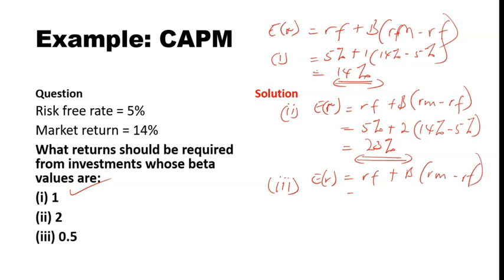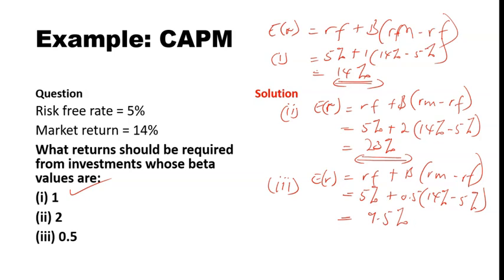Don't worry, this formula is given in the exam. So RF is 5% plus beta 0.5 times 14% minus 5%, and we get 9.5%.